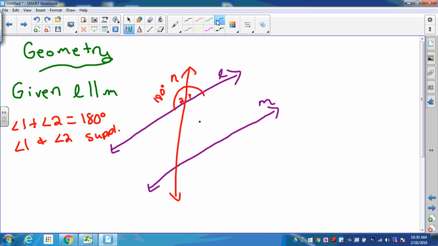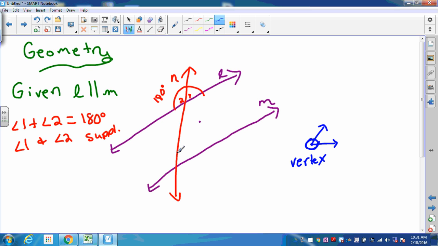And I'm going to change to blue here. Let's go down here to this intersection of lines. Vertical angles are angles that share a vertex, and remember your vertex of an angle is the point where your two rays meet. Okay, so that's your vertex. And so they're vertical because they share a vertex.